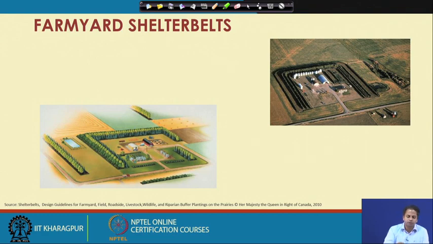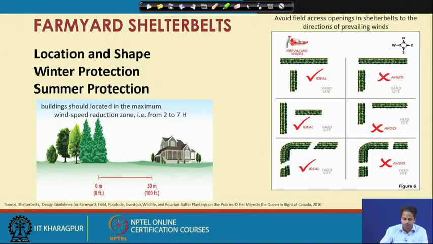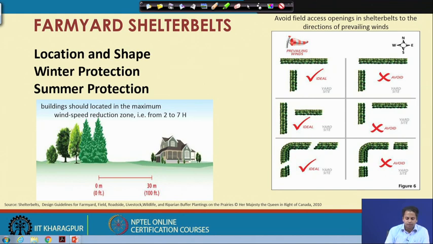To design that, the farm structure should be located within a distance of 2 to 7 times H, where H is the height of the shelter belt. So, the building or structure should be located within the maximum speed reduction zone, that is 2 to 7 H.